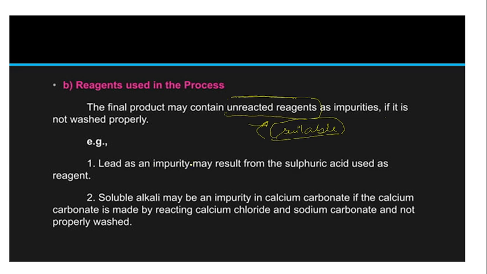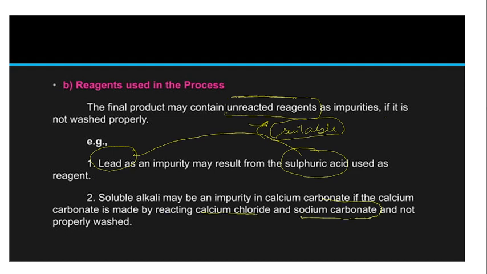Lead as an impurity may result from sulfuric acid used as a reagent. Like when we use sulfuric acid as a reagent, then it always has lead as an impurity. So this is if we do not purify properly. Second, soluble alkali may be an impurity in calcium carbonate if the calcium carbonate is made by reacting calcium chloride and sodium carbonate.